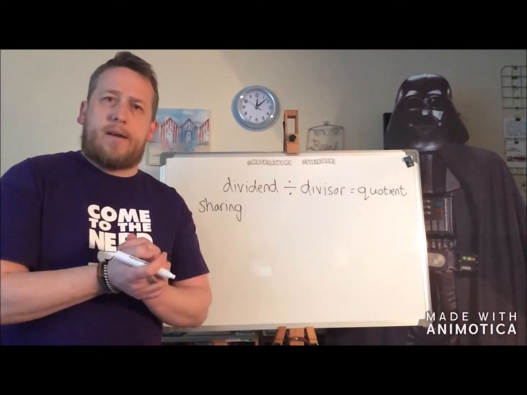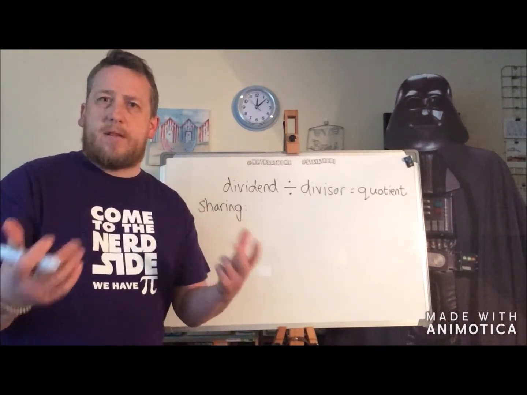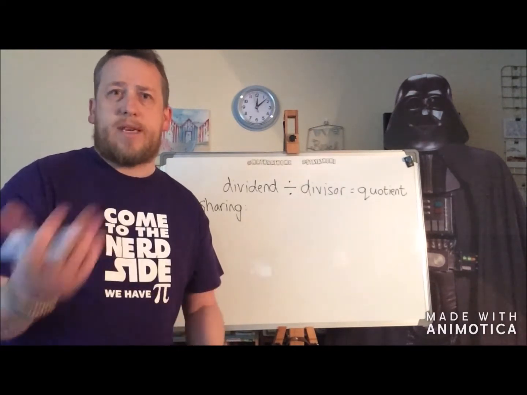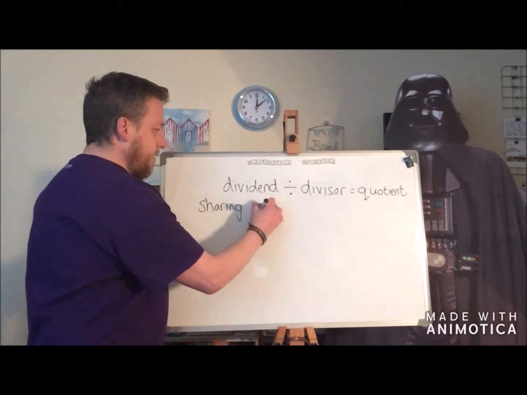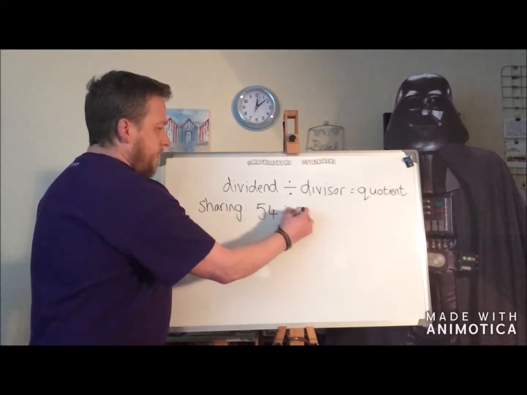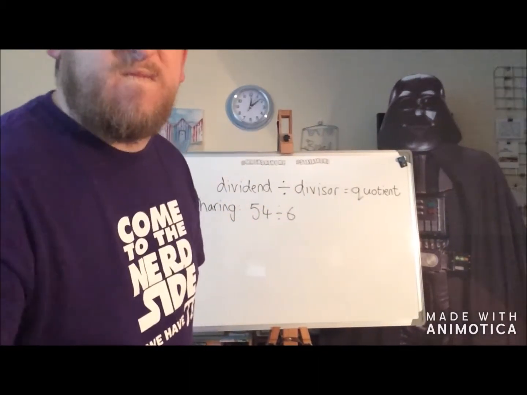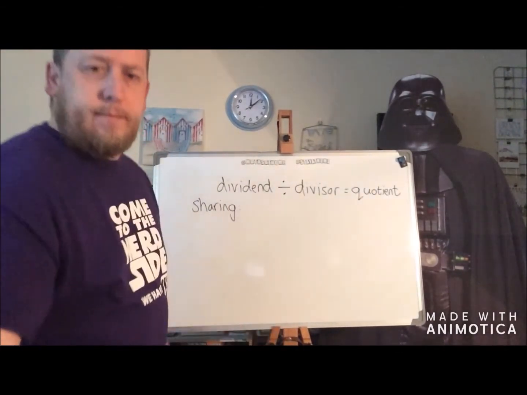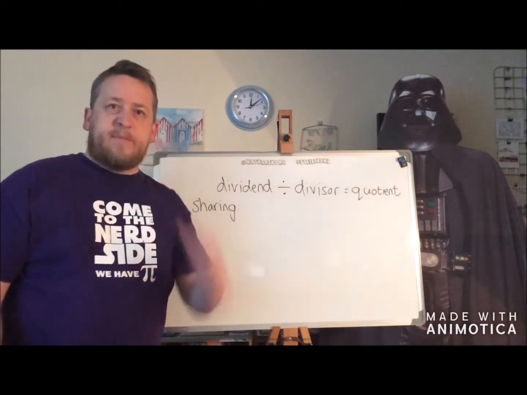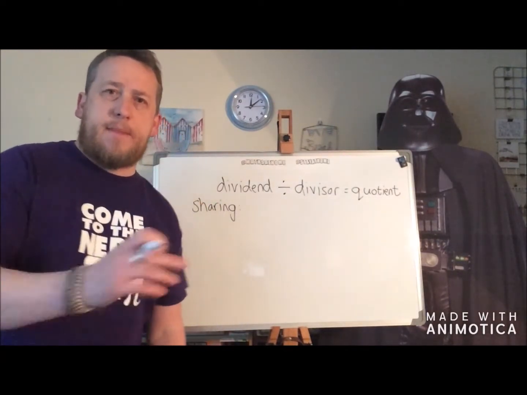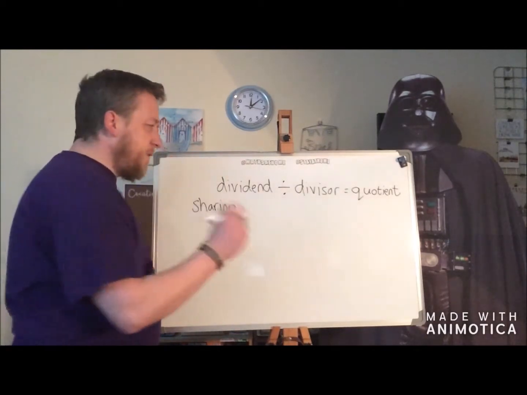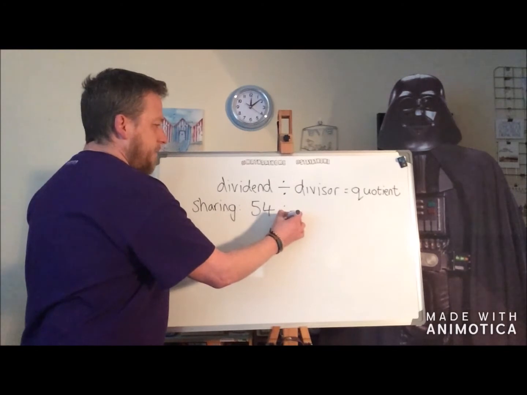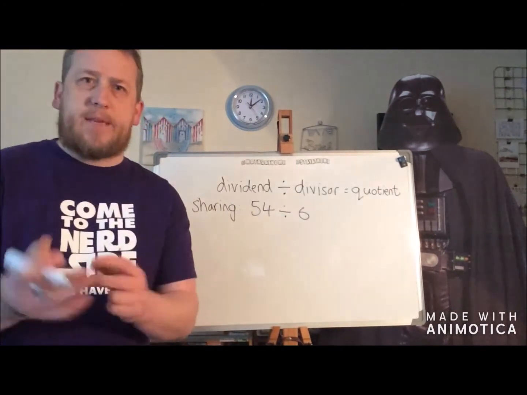So when we're going to do sharing, let's say we've got the number 54, and we're going to share it into 6 groups. So let's imagine that we've got 54 sweets, and we're going to share them between 6 people.